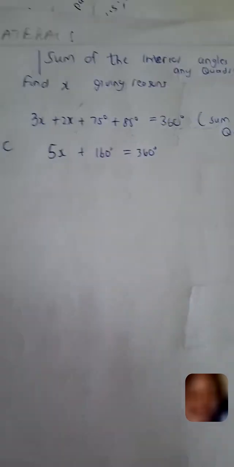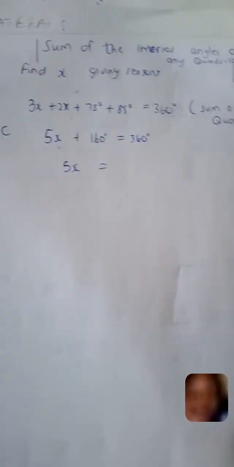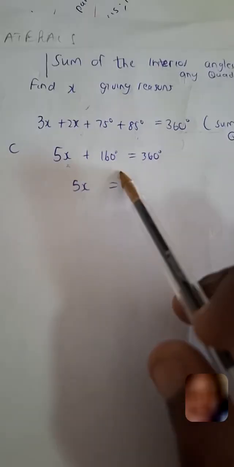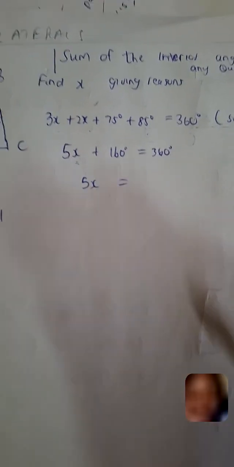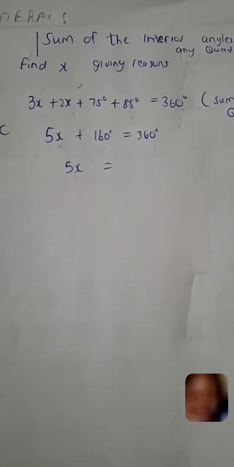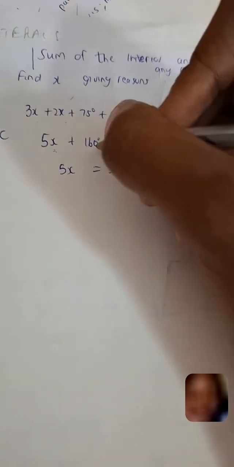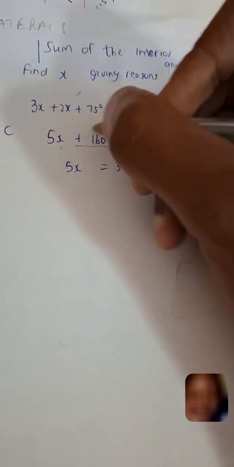Then 5x plus 160 equals 360. We isolate 5x, so the 160 crosses over. The positive 160 becomes its inverse, negative 160, when it crosses over.